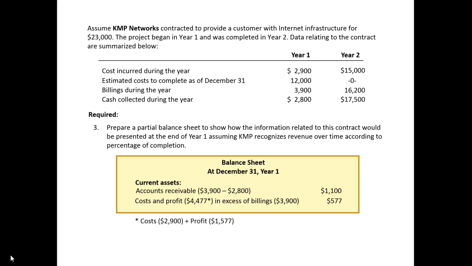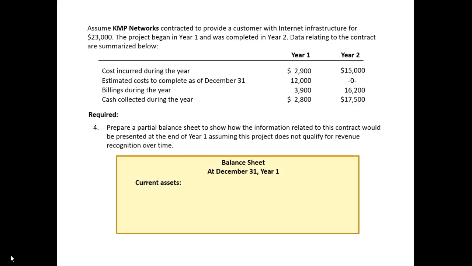The cost of $2,900 plus the profit of $1,577 gives us the $4,477. Now, the current assets would show our accounts receivable. We would show current liabilities of the billing in excess of our costs.